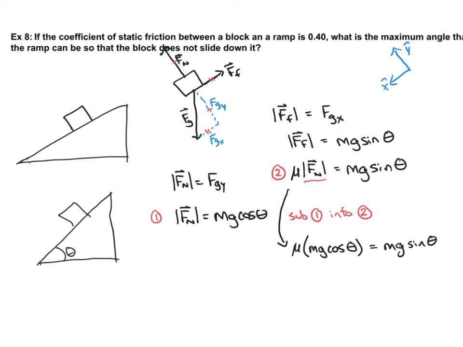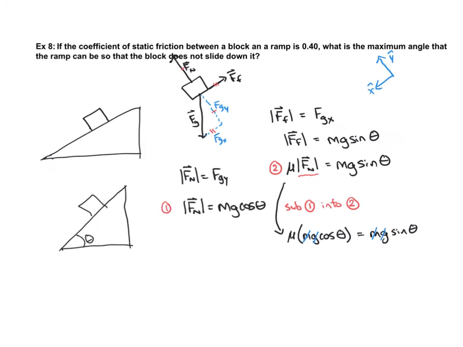All right, now I need to solve for theta here. The trick to this one is, first of all, divide both sides by mass. That'll cancel out the m's. Similarly, divide both sides by g. That'll cancel out the g's. So here, let me rewrite this a bit more cleaned up.